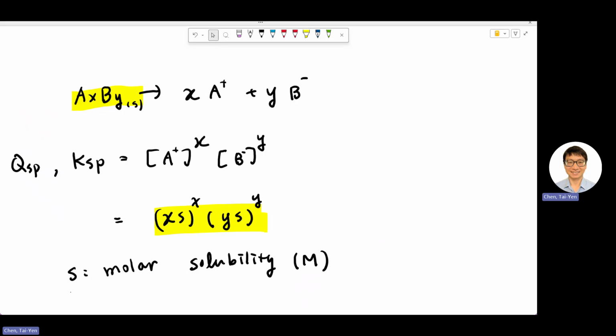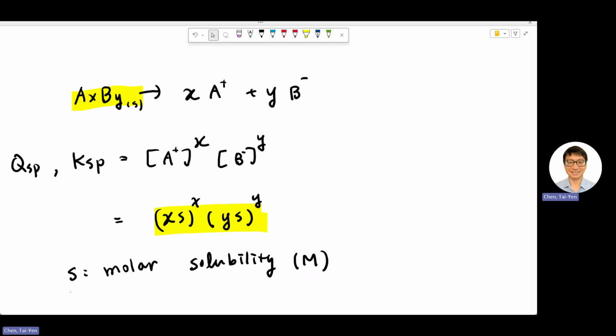Of course, you calculate QSP in the same way, but only when the system is at equilibrium do you have a constant KSP, right? We practiced this one before the spring break, and we'll go through a few examples today as well to refresh your memory.